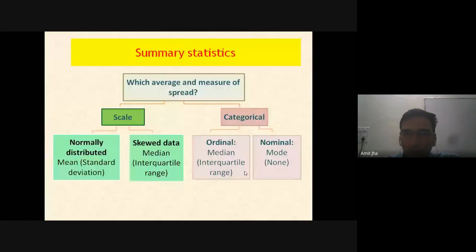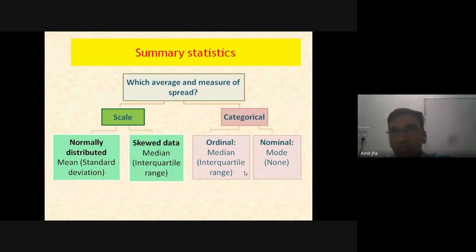So before moving to this, let me clear one more thing: what is central tendency and what is dispersion? Why do we measure central tendency and go for measuring dispersion? Central tendency means the tendency of data to keep around a central value.